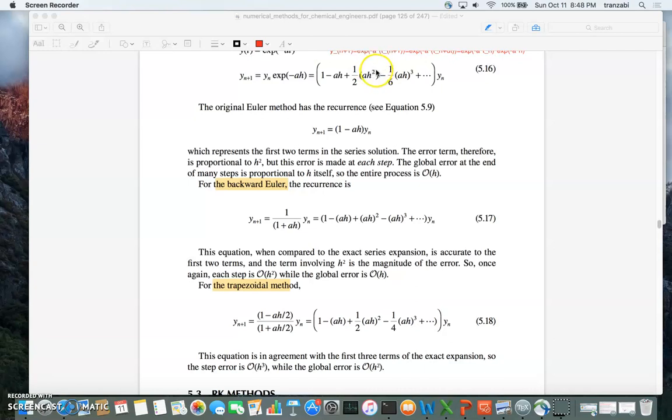So that's a typo. And then the fourth term is 1 minus 1 over 6 times ah cubed. So if you compare, you see that the local error is on the order of h cubed.